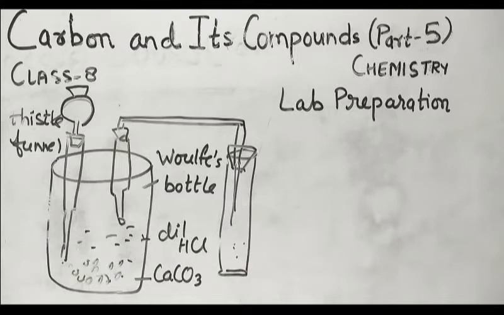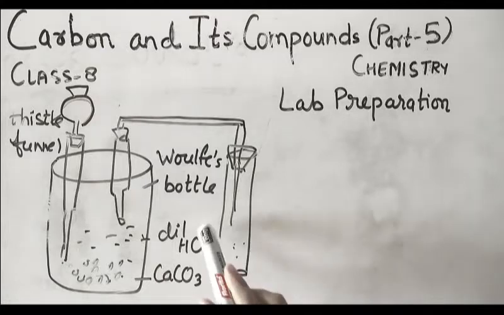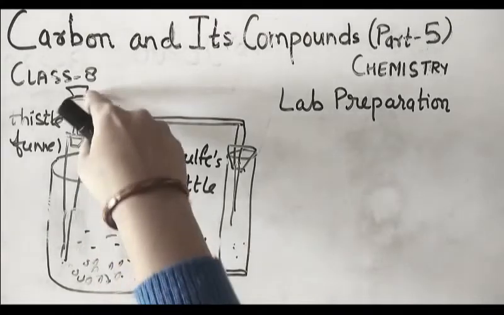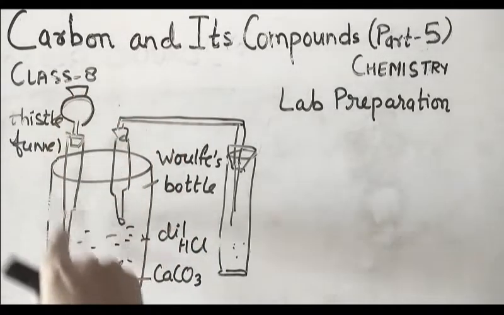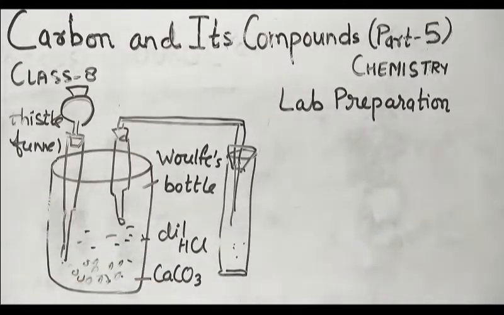The Wolff's bottle is a double mouth glass bottle with two necks, and some drops of dilute HCl are added through this Thistle funnel.